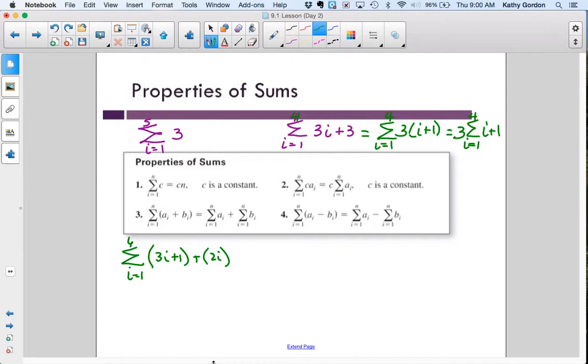Now this is a fairly simple example, so obviously you could just take the 2i plus the 3i and simplify your expression. But maybe it's not quite that simple to combine them. What this one is saying is it is totally legal to split this up and take the summation of your first one plus the summation of your second one separately.